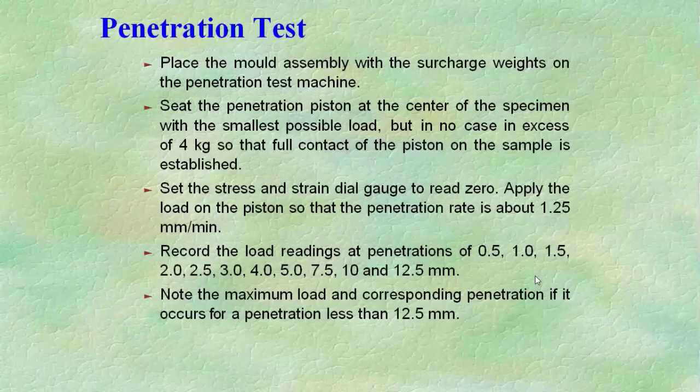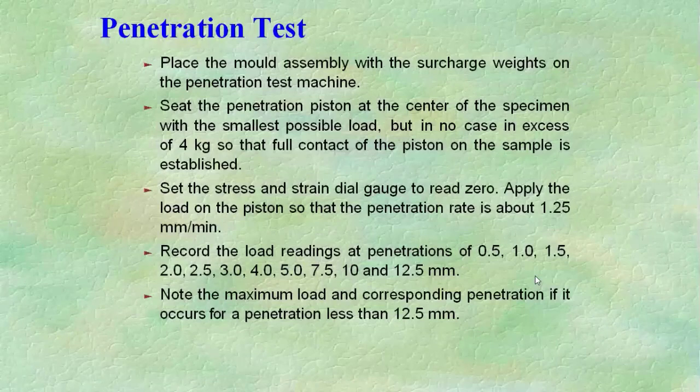The values of the load on the proving ring are noted at the plunger penetration values like 0, 0.5, 1, 1.5, 2.0, 2.5, 4.0, 5.0, 7.5, 10 and 12.5 mm.